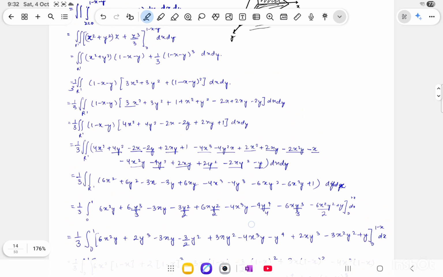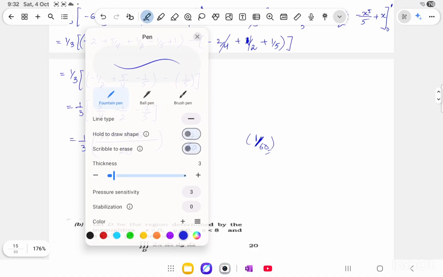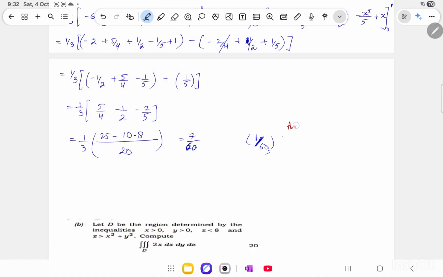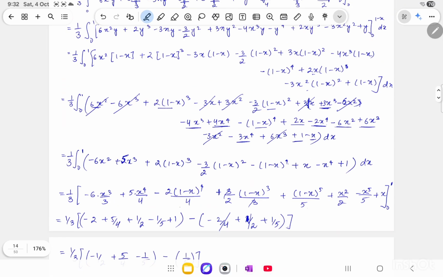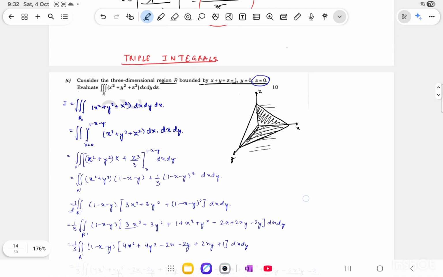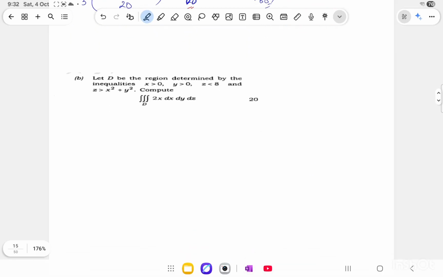Maybe above we have made some calculation mistake. You can check that. The final answer should have been 1 by 60, and we are getting 7 by 60, so there is some calculation error. You can check that, but this is the method, that's how you approach this. So let's move on to the next question.